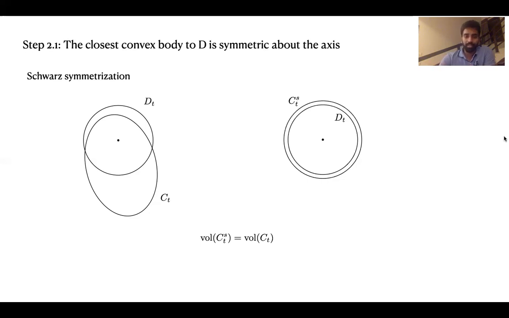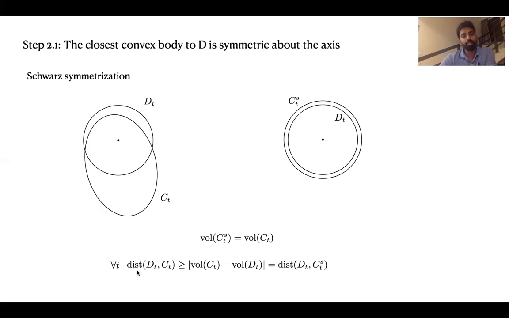Here, it's easy to observe that the distance between DT and CT is greater than or equal to the difference between the volumes, because the distance between these two bodies would be this area plus this, which is the symmetric difference, but the difference in volumes would be strictly less than this.